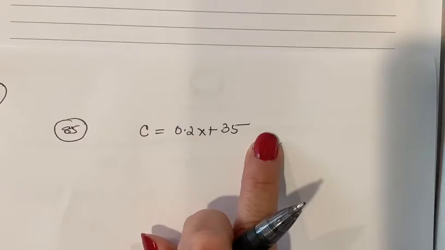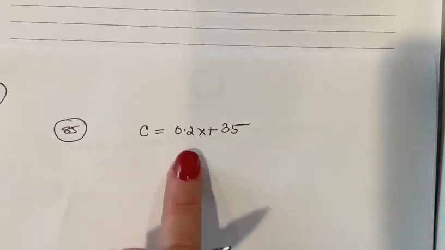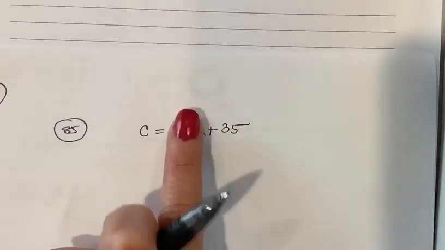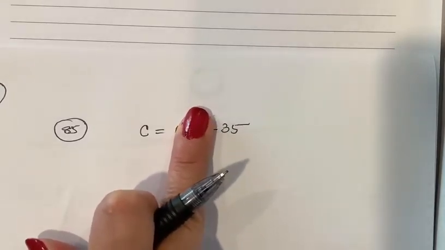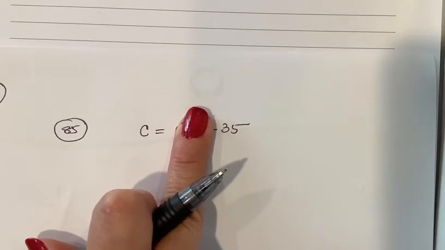Now, first part of the problem is how much would it cost to rent the car and not drive it? If you're not going to drive it, that means your X is going to be 0. That means I can actually put my big fat finger over here and see how much would it cost. It would cost 35. 35 what? $35, because we are doing it in dollars.